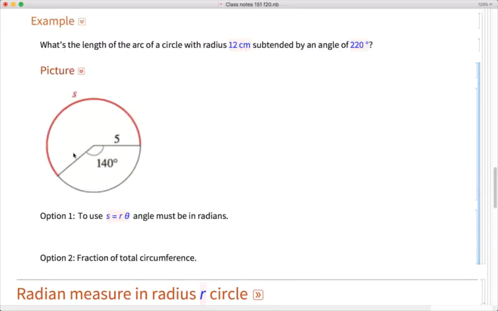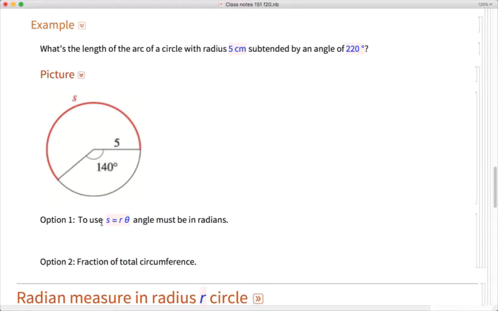Actually, it's not the way I'd probably draw it, but this might be a homework problem where they've given the angle as 140, but the arc is subtended by this other angle. Because total rotation is 360, this must be angle 220. So this red arc S here is the arc that we're trying to measure the length of. Oops, sorry, this was supposed to be radius 5 to match the picture.